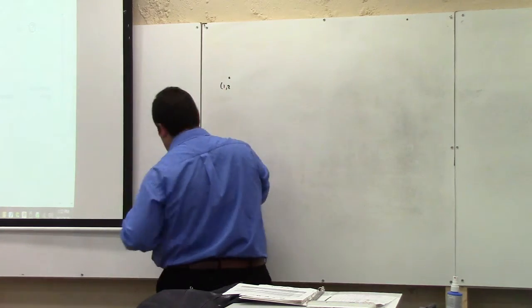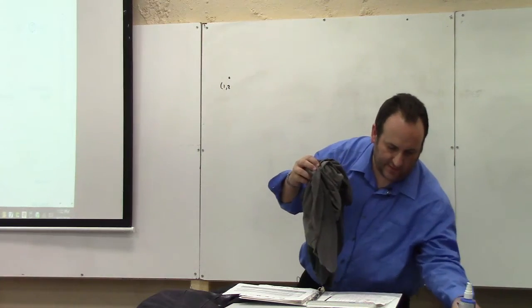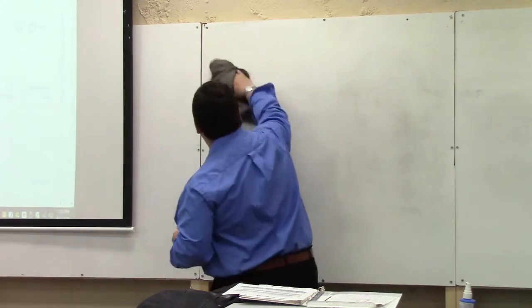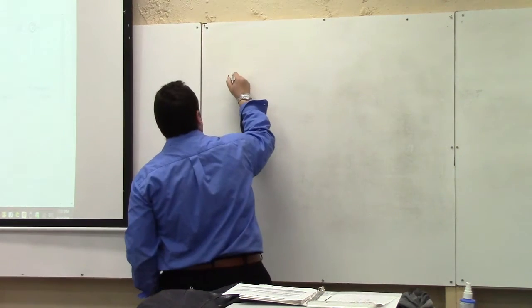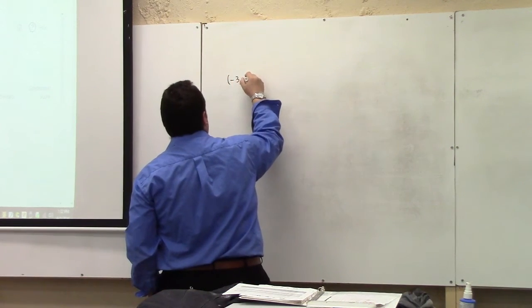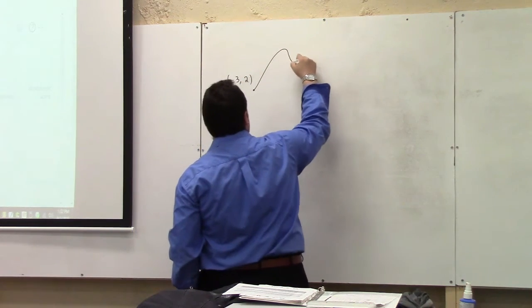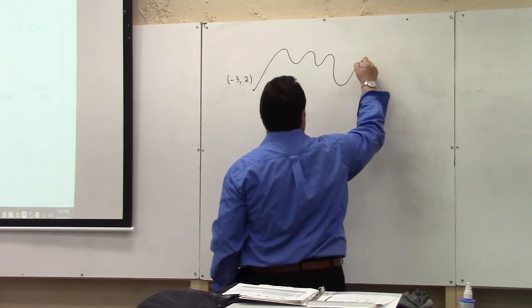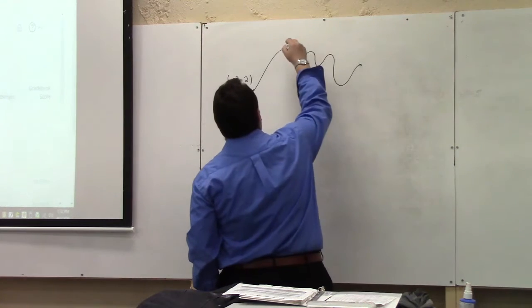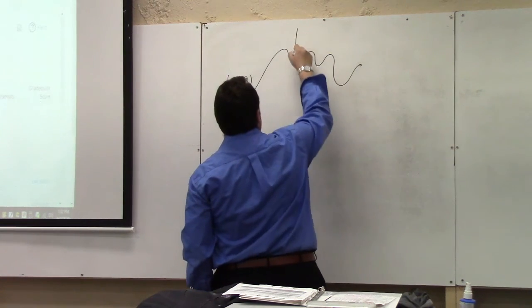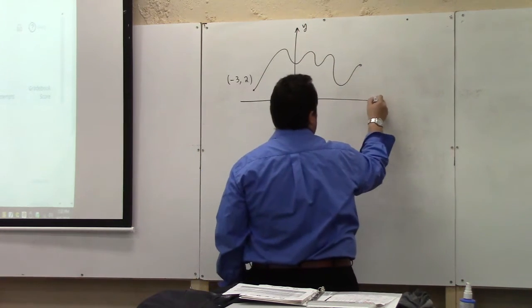That's too tiny. Make it bigger. Suppose you're given that this point is minus 3, 2, right? And then you got a function like that, all right? Here's y, here's x.